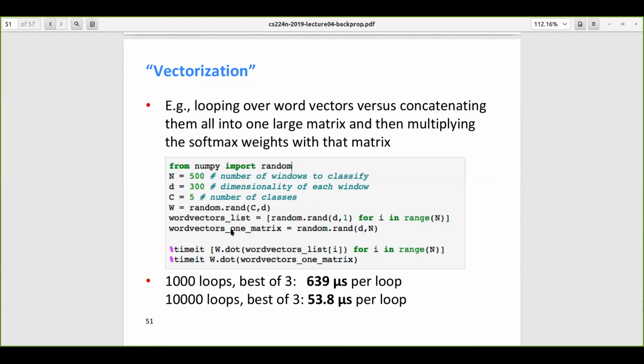Instead of taking weights and using loops to do all the calculations, if you concatenate all the weights to form a matrix and handle everything using matrices, the time taken for the computations is much lesser. Here we see that just for 1,000 loops, it takes around 639 microseconds or so, whereas it is much smaller when you try the same using the concatenation and word matrix.